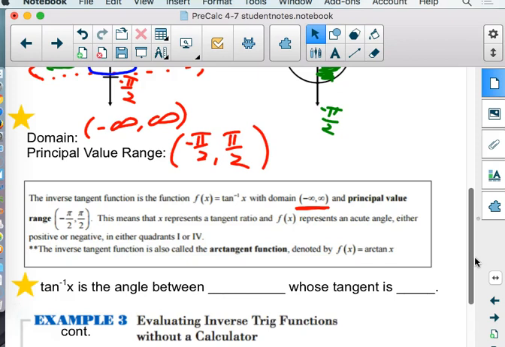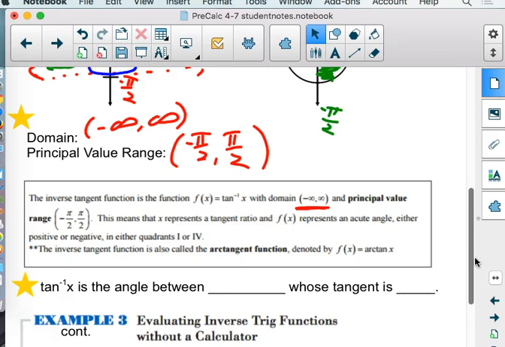So that's a big piece. We still have our principal value range. That's mostly what we're going to be thinking about. But we don't have to watch out for, are they trying to trick us? Sine and cosine, they might try to trick us. Not with tangent. This means that x represents a tangent ratio and f of x represents an acute angle, either positive or negative, in quadrants 1 or 4. So we're back to negative pi over 2 to pi over 2.